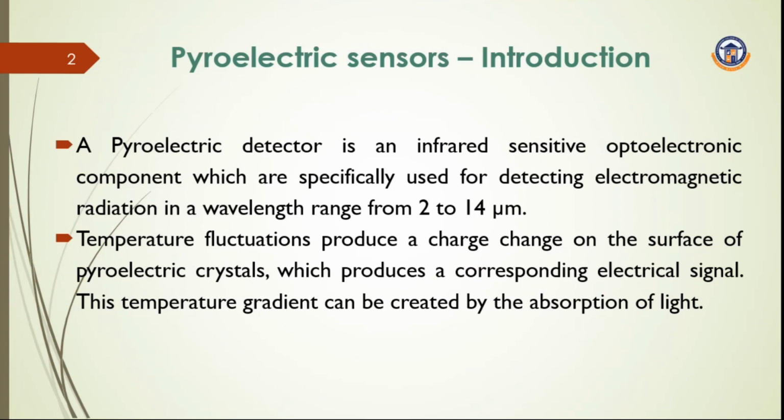That pyroelectric crystal will create a corresponding electrical signal with respect to the temperature fluctuations. If a temperature gradient is created due to the absorption of light, the crystals will give some charge change. That charge change is represented in terms of temperature variations.